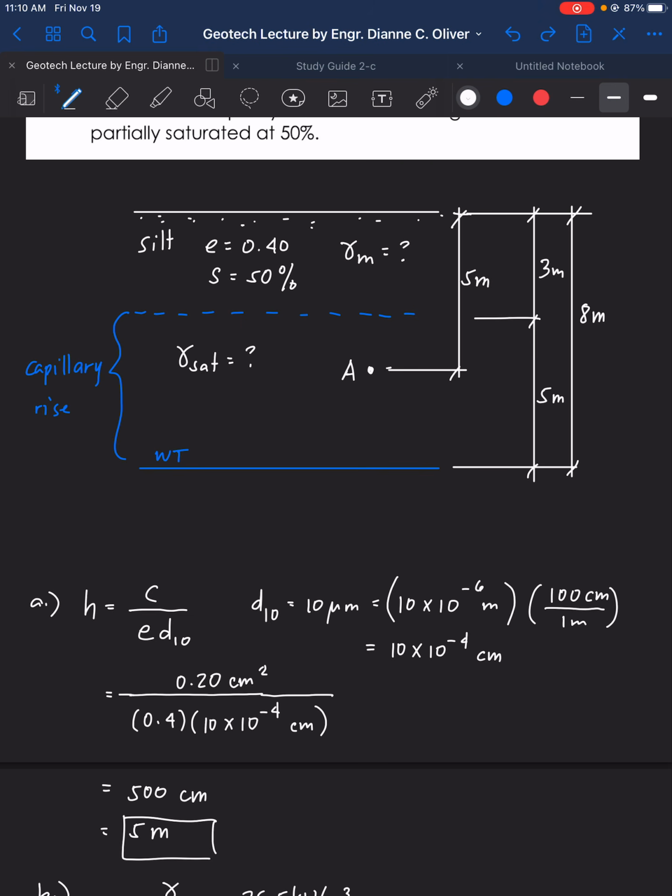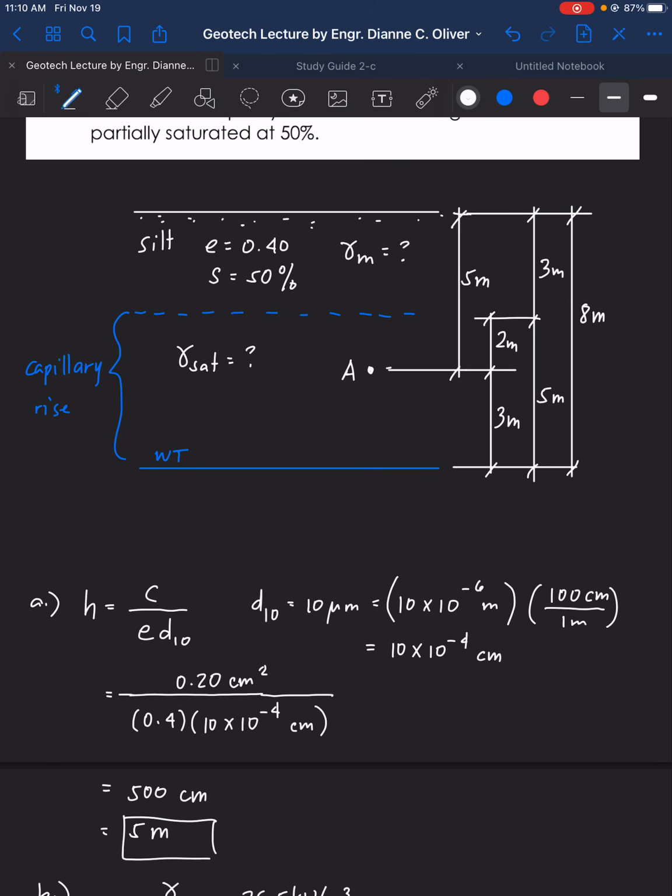So if this is 3 and then this is 2. So this is 2 meters here. So let's extend this one. Okay, so this now is 2 meters and this is 3 meters.